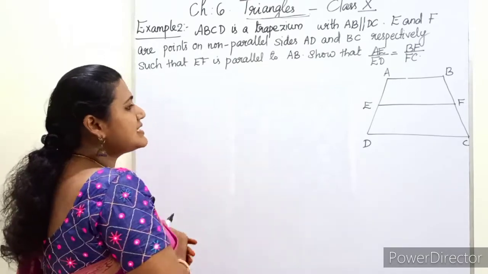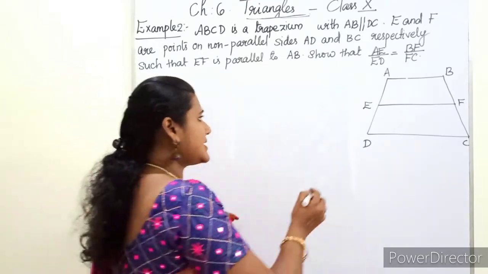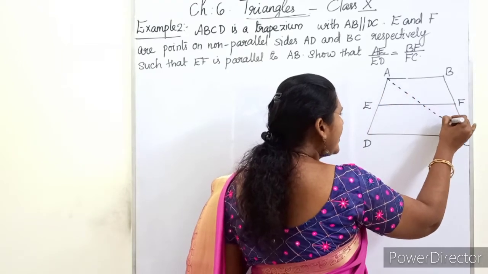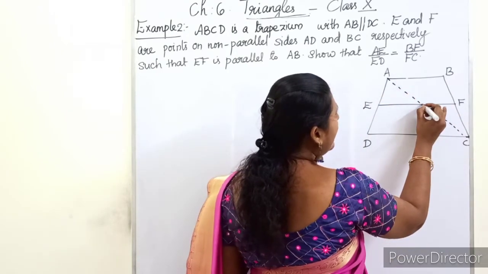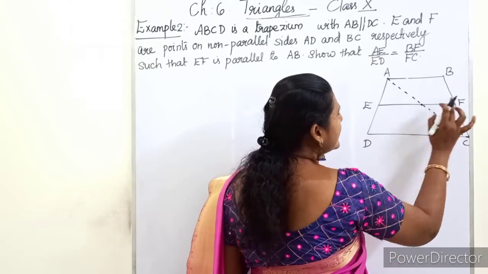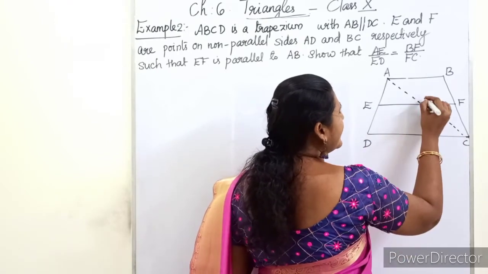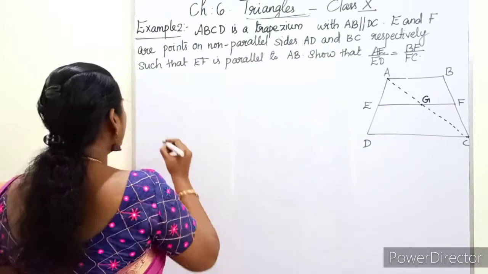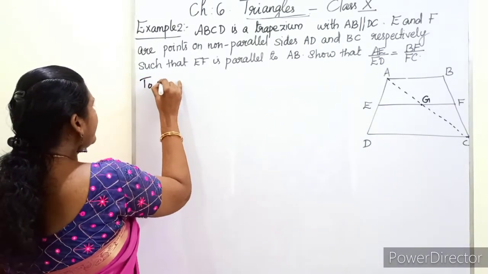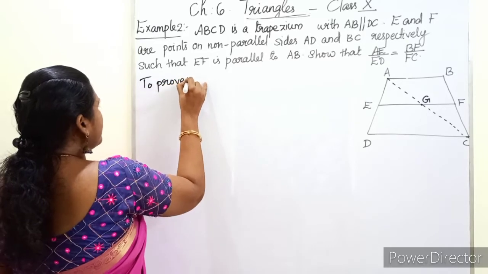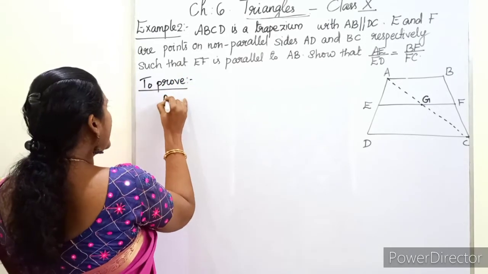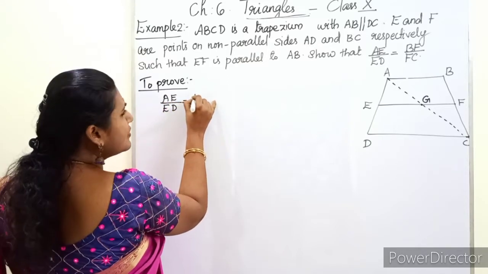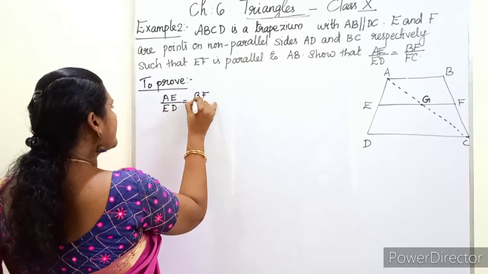For proving this we need to do a construction. What is the construction? Join AC. So when you join AC, this line will intersect the line EF at a point. That point we will denote as G. So first, what we have to prove? We have to prove AE by ED is equal to BF by FC.